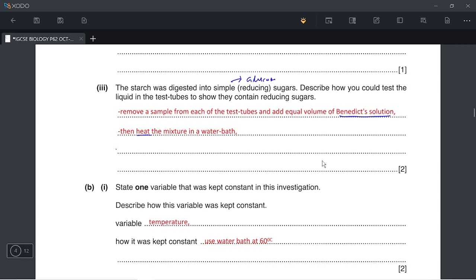There will be a color change from blue. Blue is the color of Benedict's solution, depending on the concentration of the reducing sugars. So it will change from green, yellow, orange to brick red.